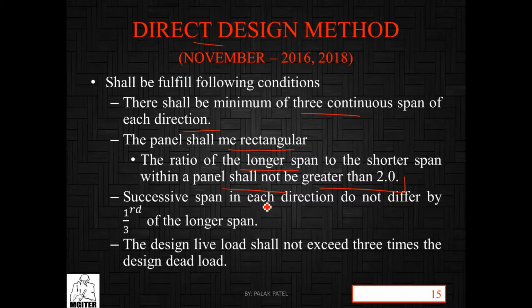Successive spans in each direction do not differ by more than 1/3 of the longer span. And design live load shall not exceed 3 times the design dead load. So these 4 conditions, you have to remember, because these can be asked in an exam, right? So just remember these.